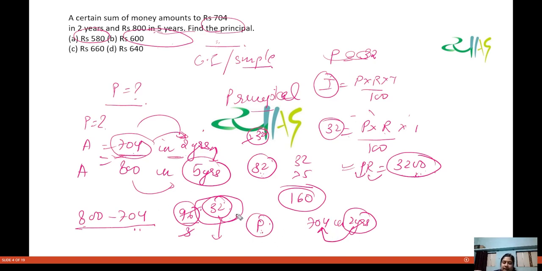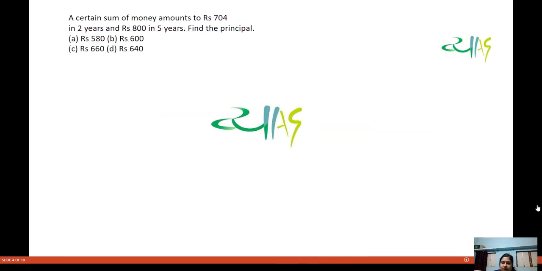And what is the interest? 32 per year, so the interest would have been 64 for 2 years. So just subtract this, and this will come to be how much? 640. So this is your principal. So we don't have to do even this. Do you understand this? Although you can put the formula and still find your answer, you can find it from here also.